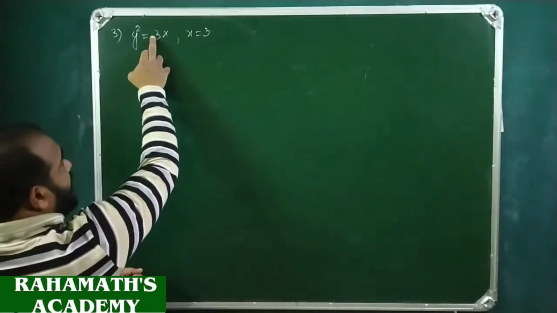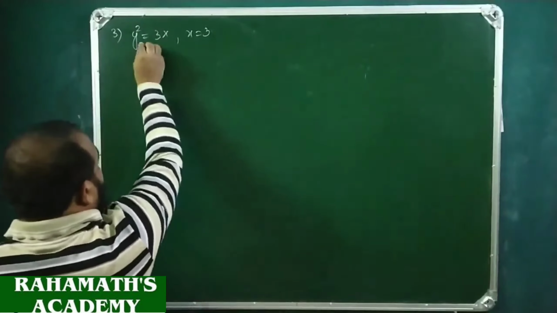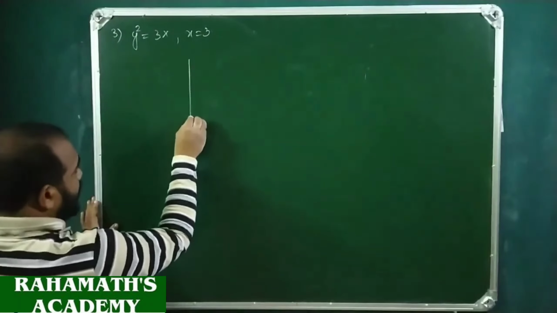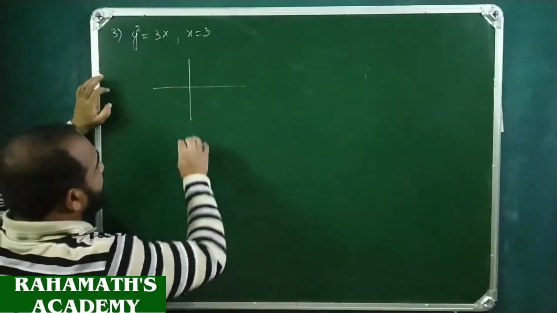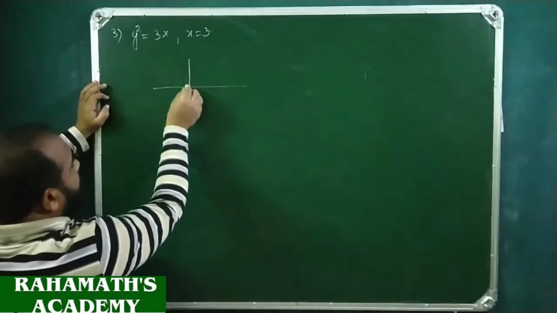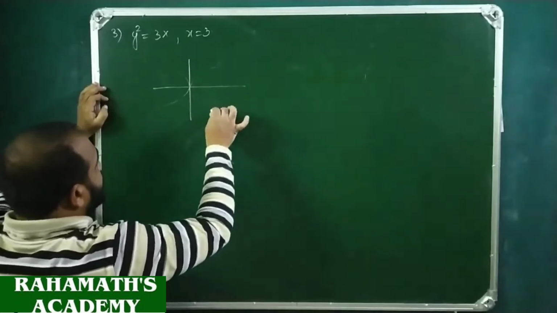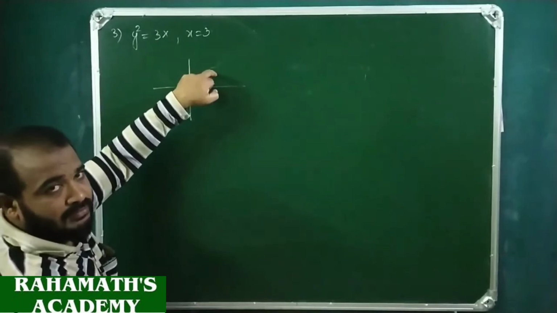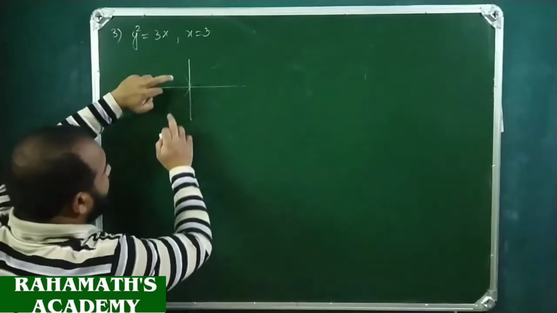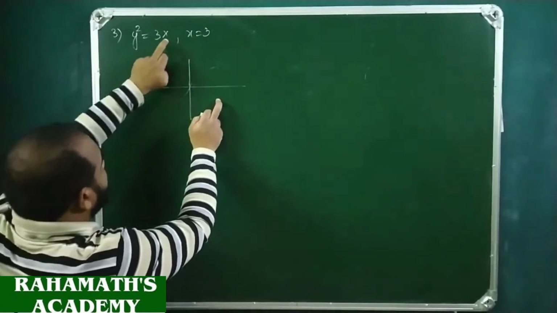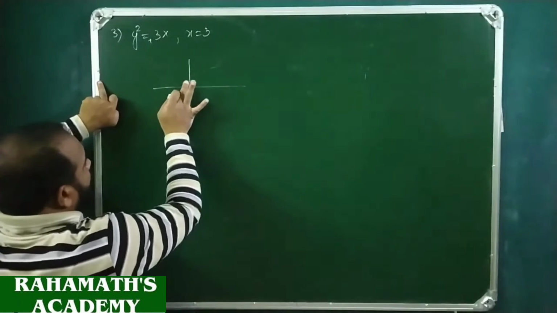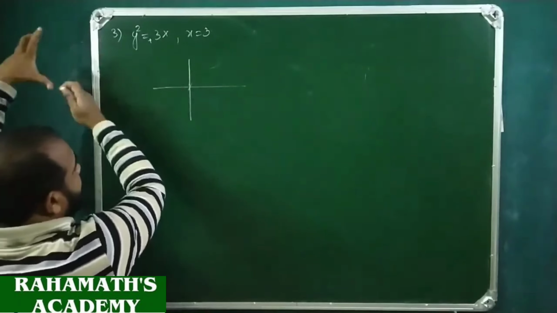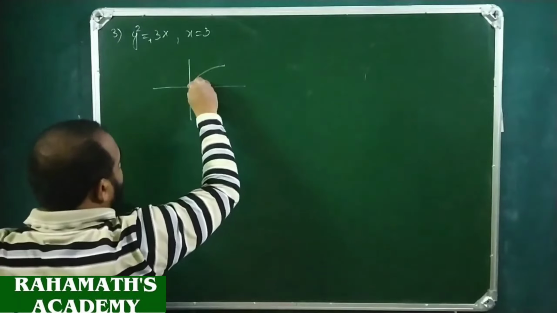But here x has a positive sign. Therefore, for the rough sketch of y square equals 3x, it could be like this or like this, but it cannot be both simultaneously. Since x is positive, it should not open toward the negative x-axis. Therefore, this is the parabola.